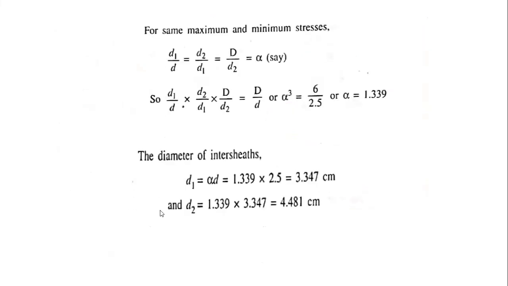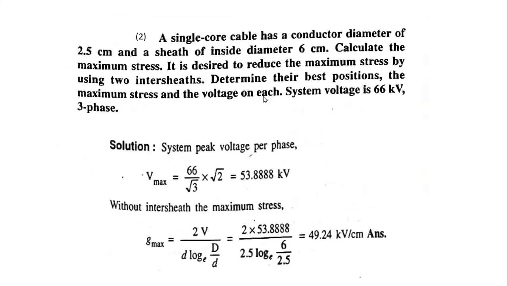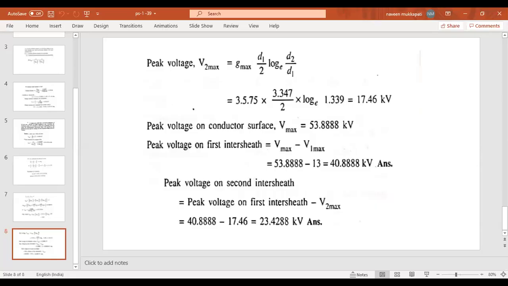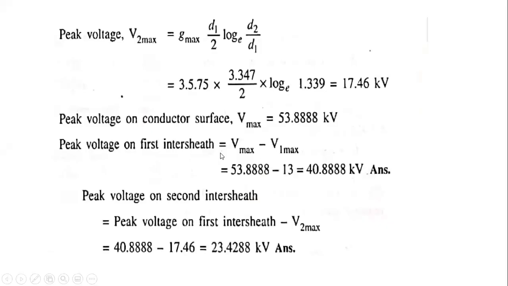This is the problem related to the best positions of the dielectrics. Therefore the peak at the second intersheath position is 23.428 kilovolts and the first intersheath is 40.88 kilovolts.